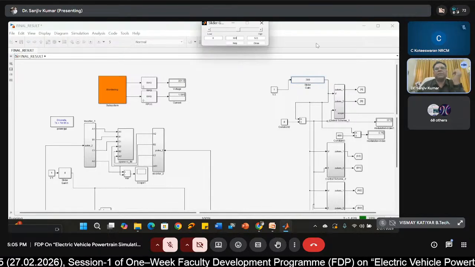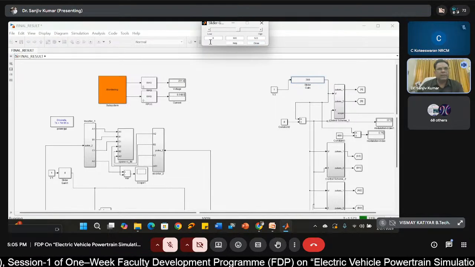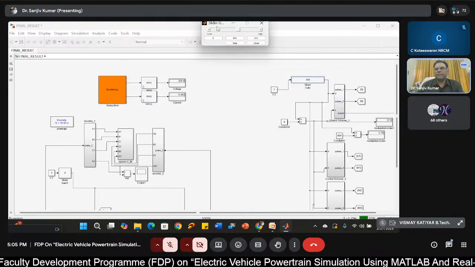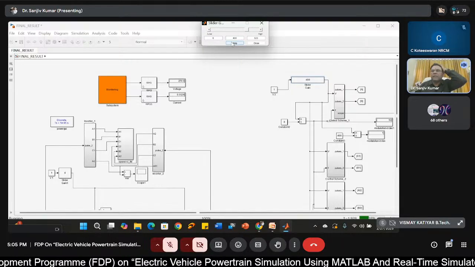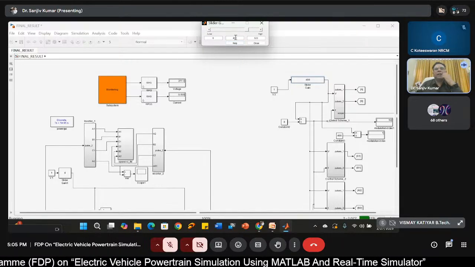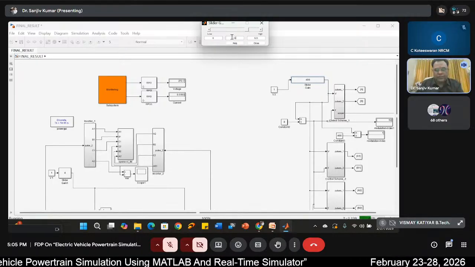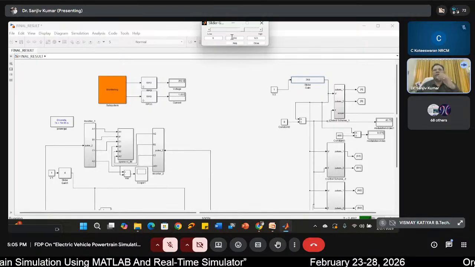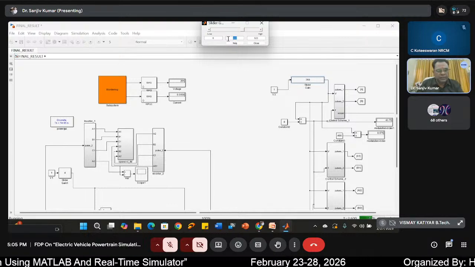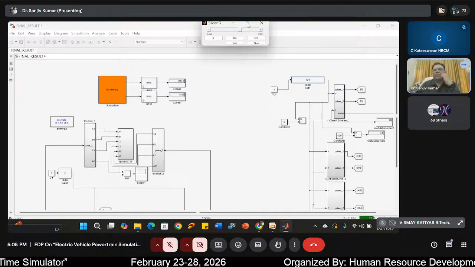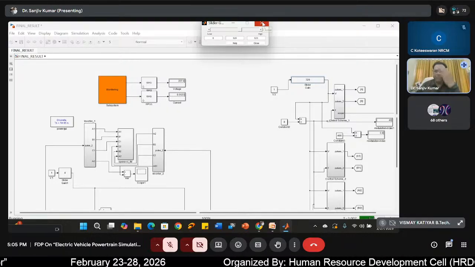If I give the modulation index 0.8, so let me give 400. Now modulation index is 1. Better I should make it 350 or 320. Fine. Now let us see.